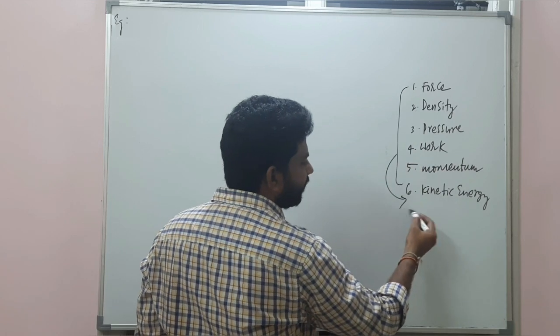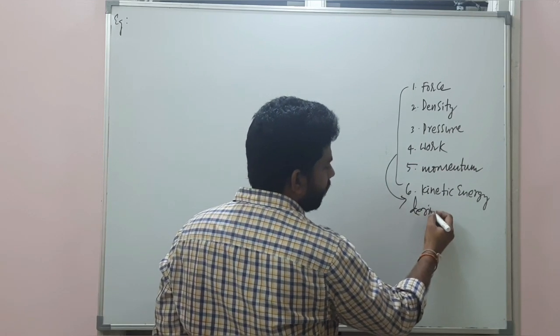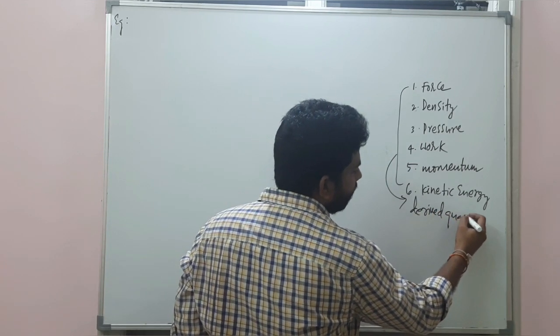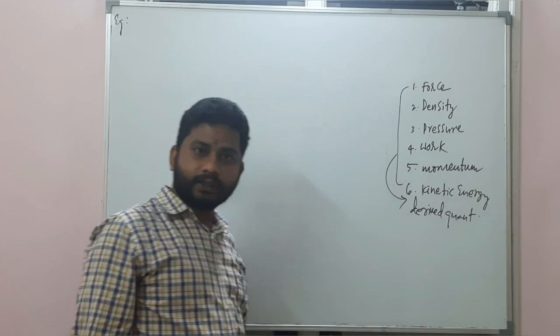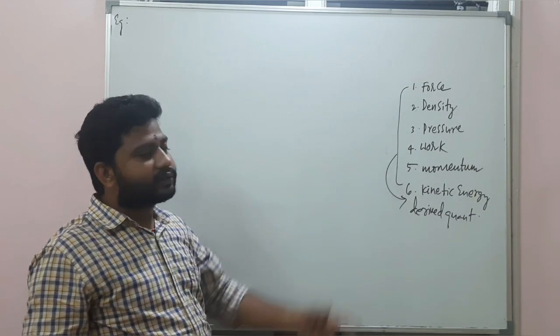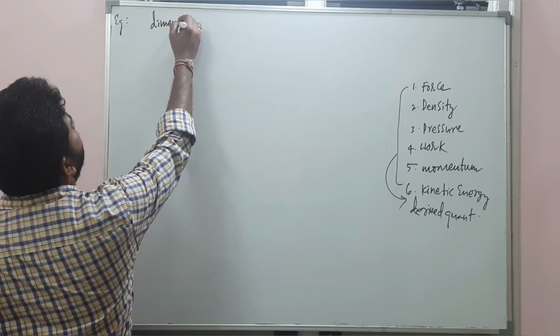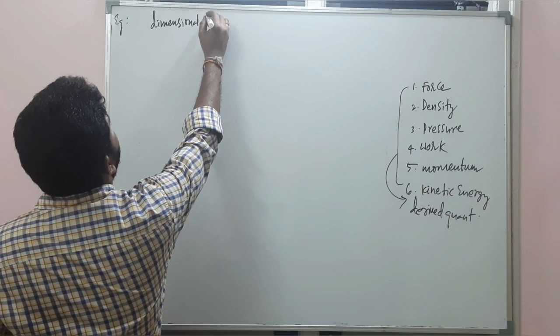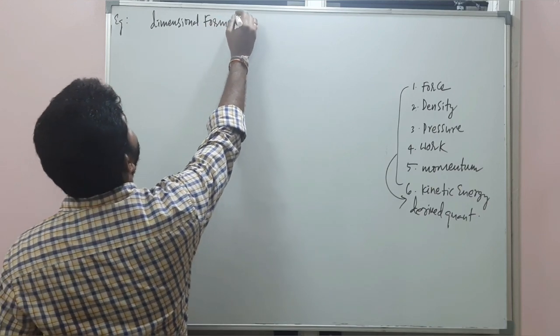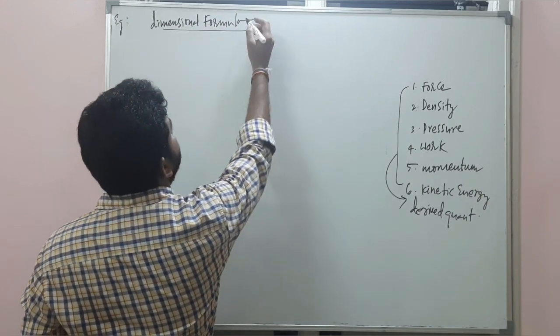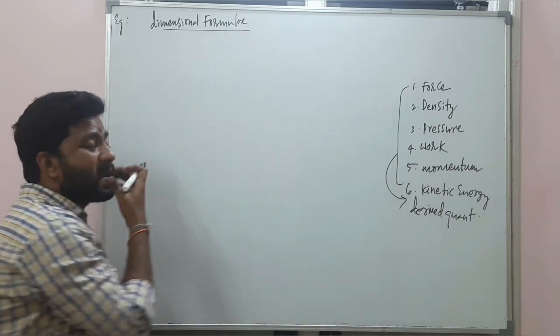All these physical quantities are derived physical quantities. Clear? And we are going to write the dimensional formulae of them.